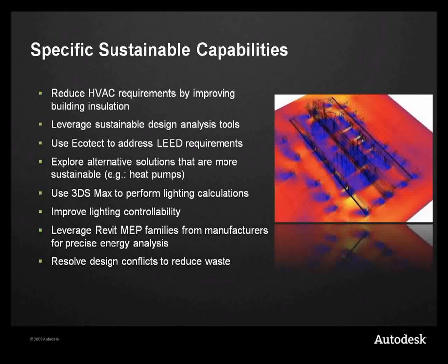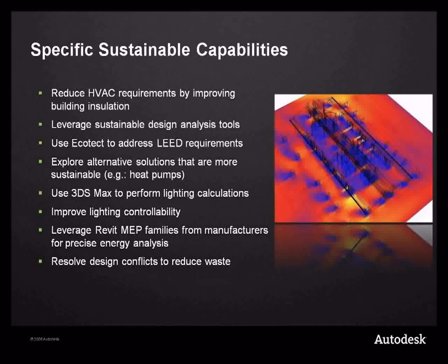We'll be discussing these within the vignettes. There are 8 vignettes within this series, many of which address key sustainability issues. Some of the things we will explore and discuss will include reducing HVAC requirements by improving building insulation, leveraging sustainable design analysis tools, using Ecotect to address LEED requirements, and also exploring alternative solutions that are more sustainable, for example, heat pumps.